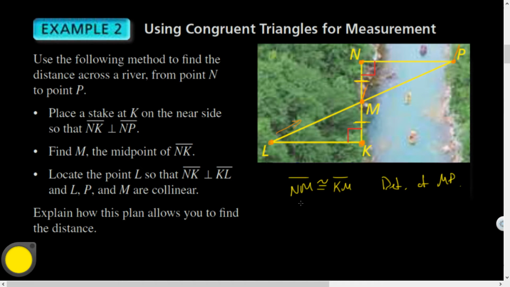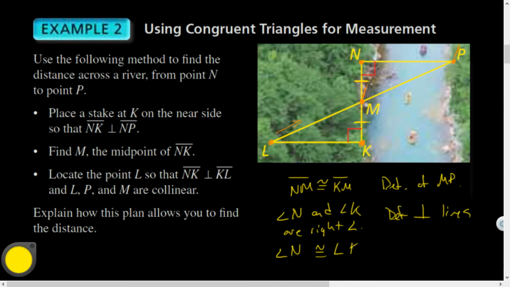Angle N and angle K are right angles, which is definition of perpendicular lines. I'm going to say that they're congruent to each other. We've done this so many times now. So angle N is congruent to angle K by the right angles congruence theorem.